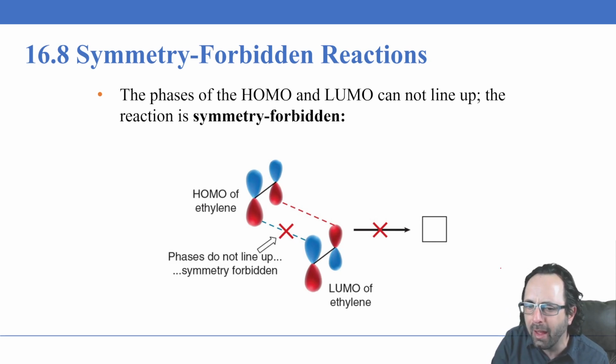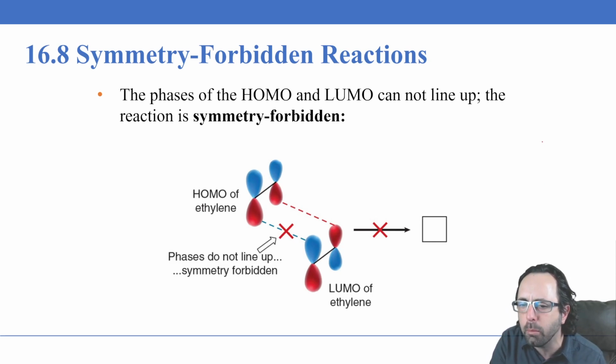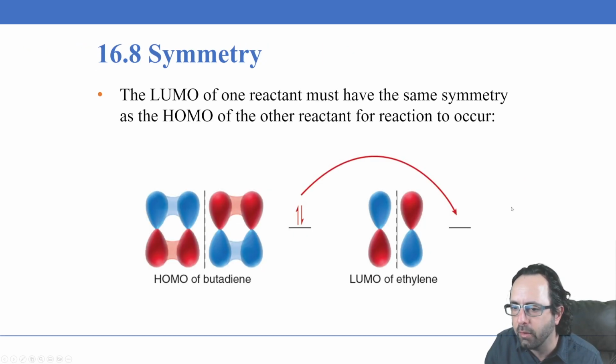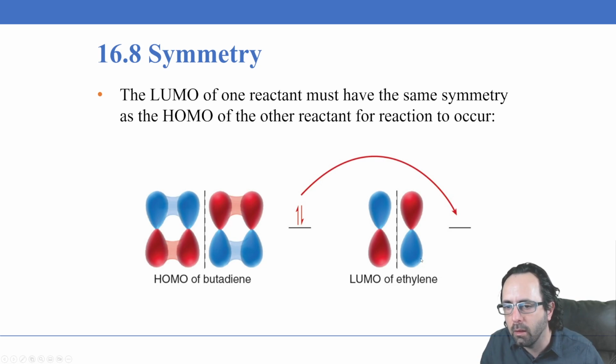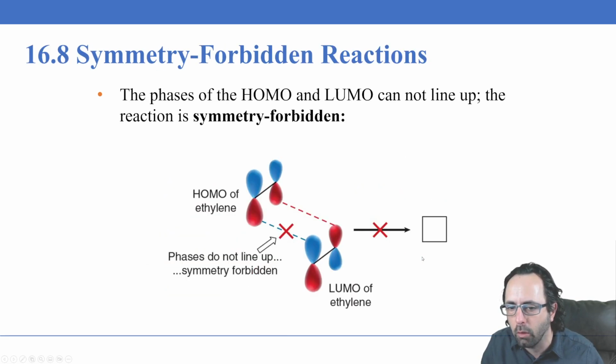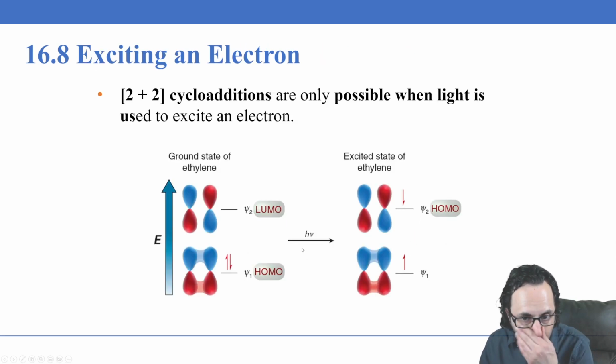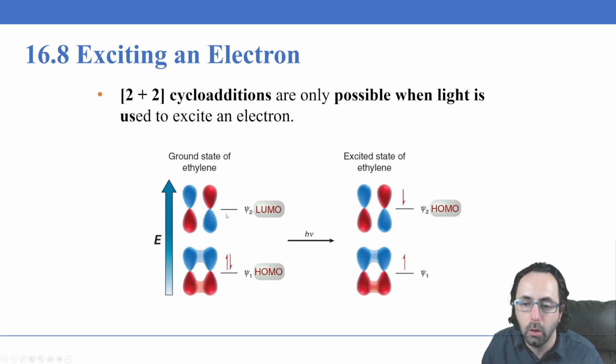in the case of two ethenes, it's impossible for these to line up, because remember what we had for ethene. This cyclobutane will in fact not be formed, and here's the reason why. If we look at one ethylene, one of them is where the two orbitals are aligned. That's the highest occupied molecular orbital. The higher energy orbital, the LUMO, is the one where the lobes are opposed.